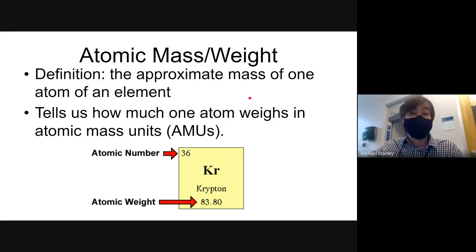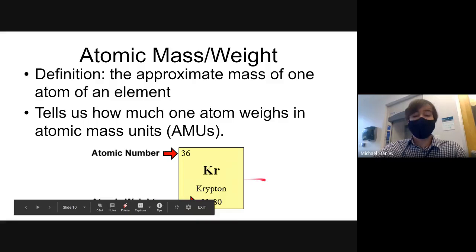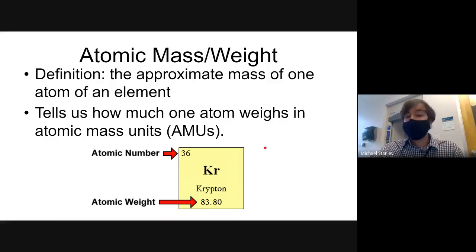We can compare them to each other because some atoms are smaller and lighter, and some atoms are bigger and heavier. So instead, scientists came up with the measurement of AMUs, atomic mass units. For example, krypton is approximately 83.8 AMUs. So it's kind of like a medium-sized atom, I would say.